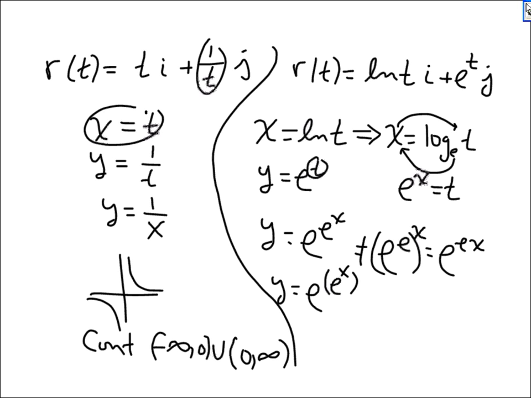We know t has to be greater than 0, and here t can be anything. You can raise e to any power. So the question is whether or not we have this constraint.